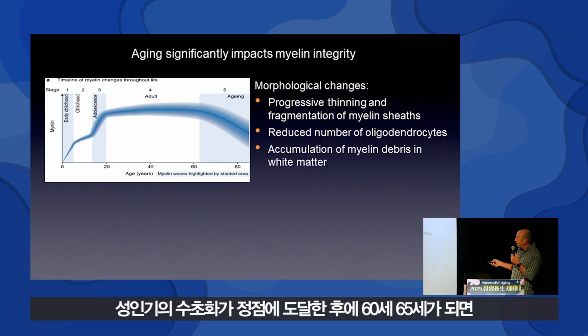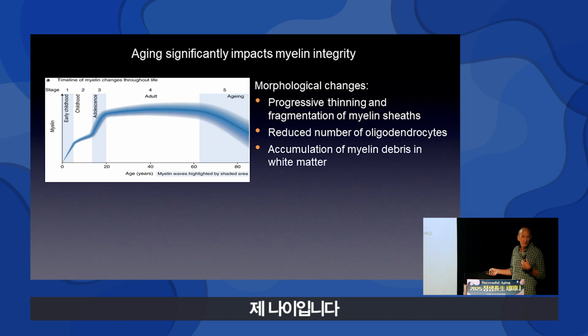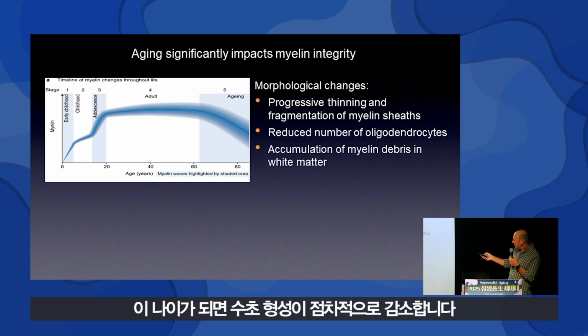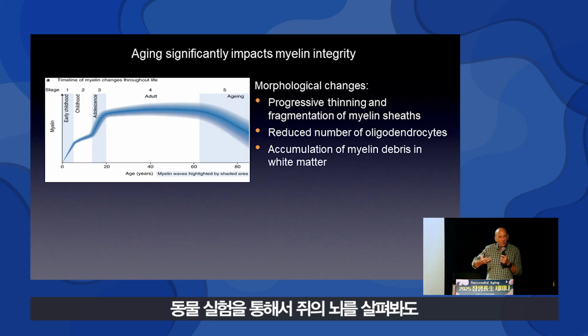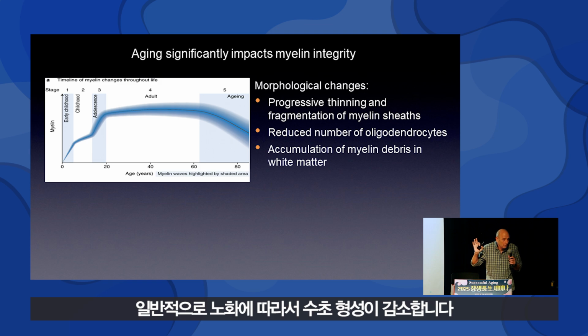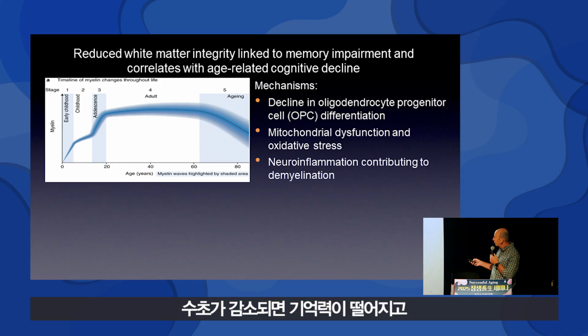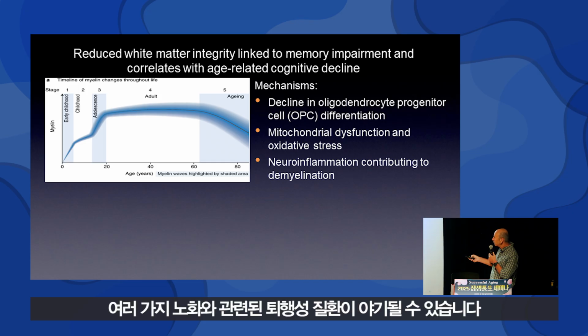But then, after 60, 65, which is my age now, you start to see deterioration of myelin. I know that because we work on mice, and if you look at the brains of very old mice, you always see abnormalities in myelin. This reduction in myelin is also linked to memory impairment and is correlated with age-related cognitive decline.